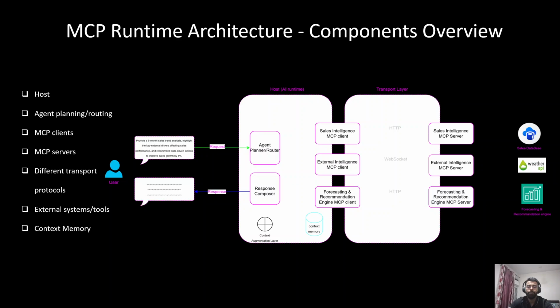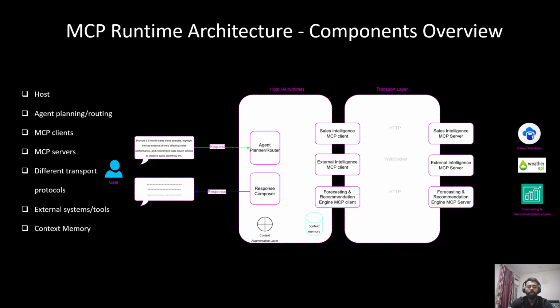Context memory. The context memory layer stores, manages, retrieves, and updates information that AI agents need across interactions and workflows. Basically, it helps the AI system remember previous conversations, user preferences, task history, tool outputs, retrieved documents, agent states, business context.